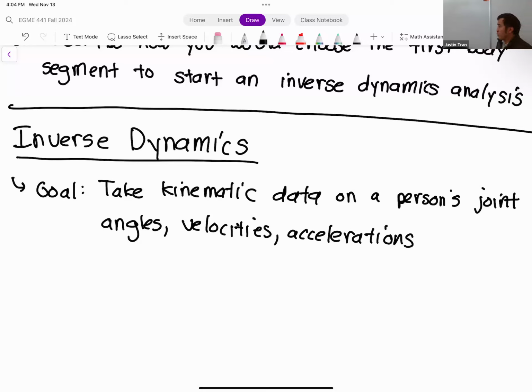Those are the inputs of the model, so we need to input this kinematic data. What we want to compute are the net forces and net moments at the joints that are needed to cause this motion.